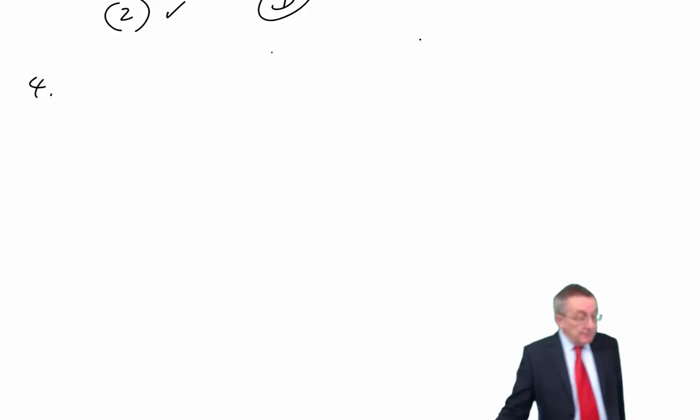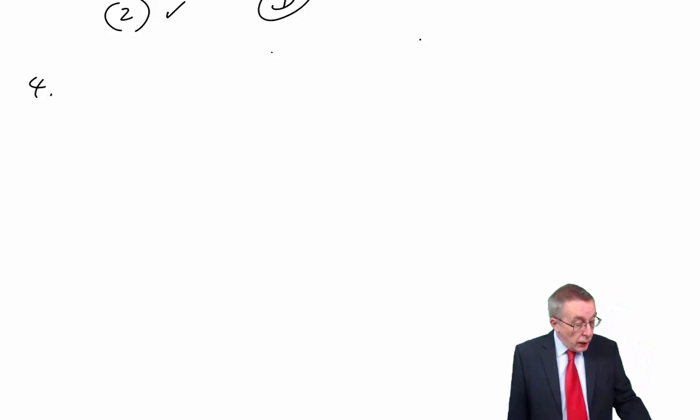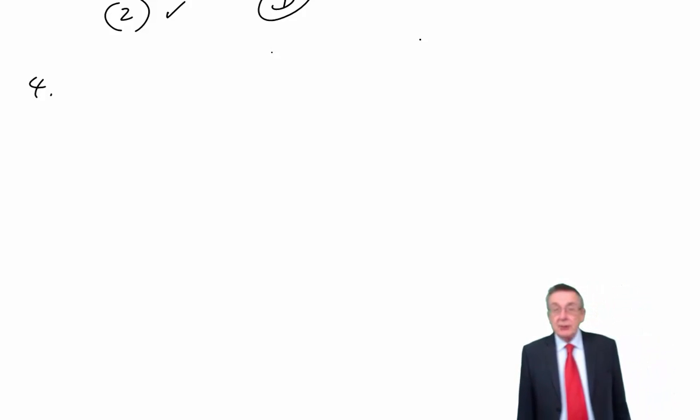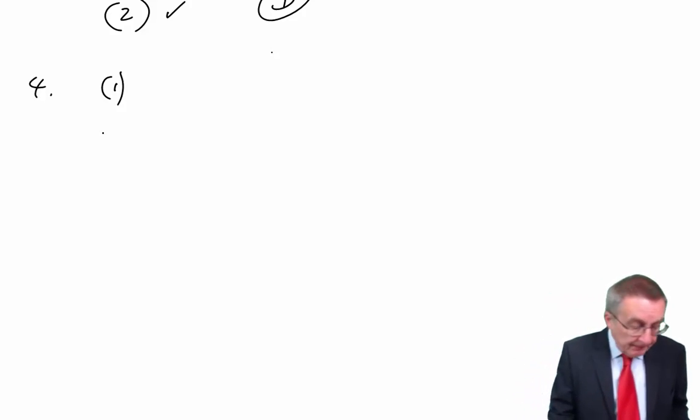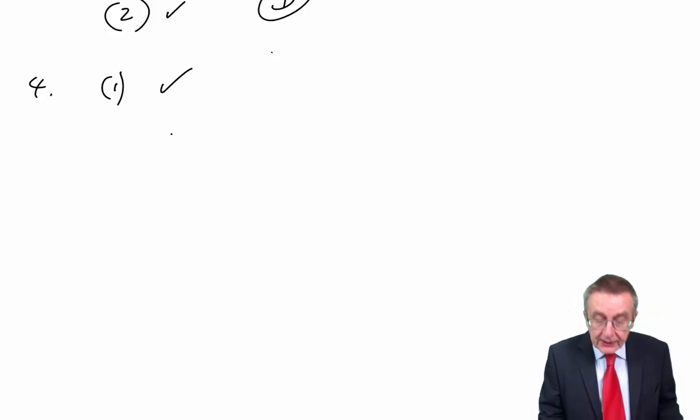Number 4, yet another. Which of the above statements is or are true? The following statements have been made about changing budgetary systems, so changing the way we do our budgets. Number 1, the costs of implementation may outweigh the benefits. That's true.